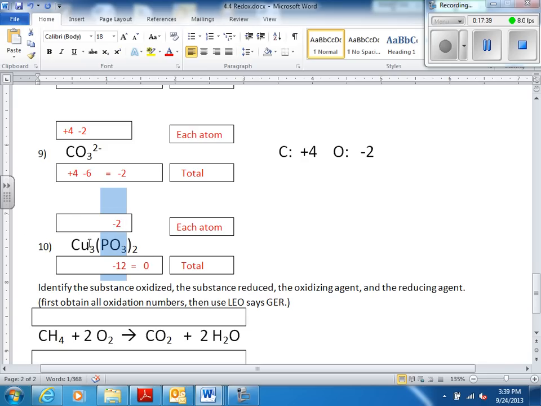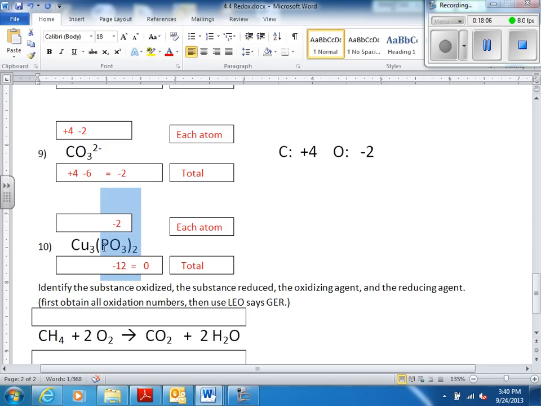I've got a polyatomic ion right here and copper right here. To look up the charge of PO3, turns out to be -3, and I have 2 of those. So my total on the negative side, I'm just trying to calculate my copper right now in the way that we do it for ionic compounds when we're figuring out the charge for a Roman numeral. Same exact process. So phosphate ions, -3, and I have 2 of them.